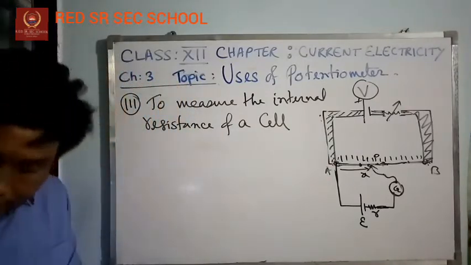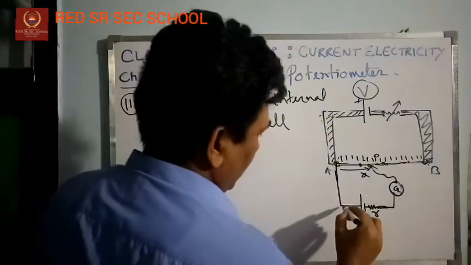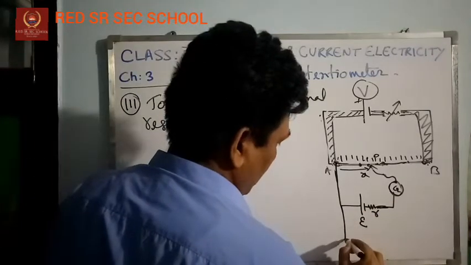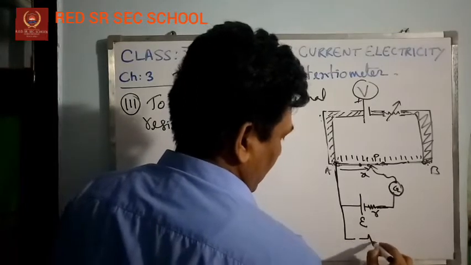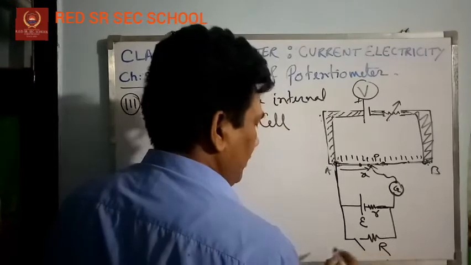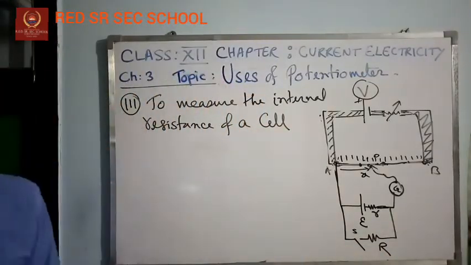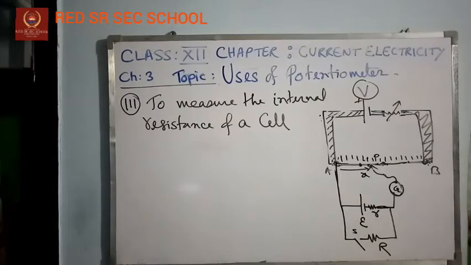Very good. Now put another resistance, capital R, parallel to it, and give a switch here. Okay, good.